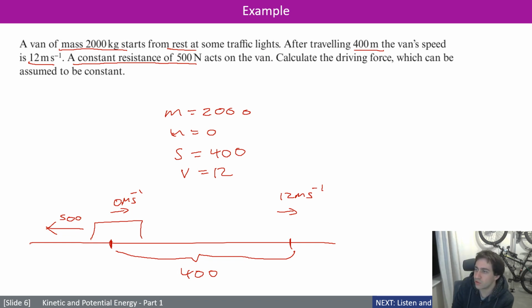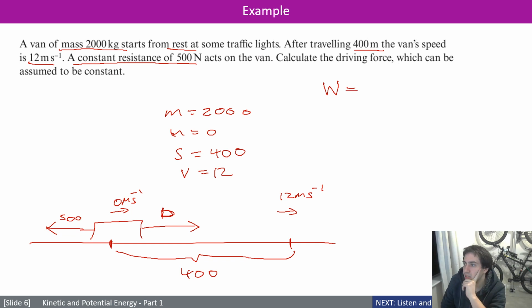So apparently there's also a driving force. Okay, so since we're going to use energy considerations, let's first work out the work that has been done, the work that has been done in order to go from this initial kinetic energy to this final kinetic energy.